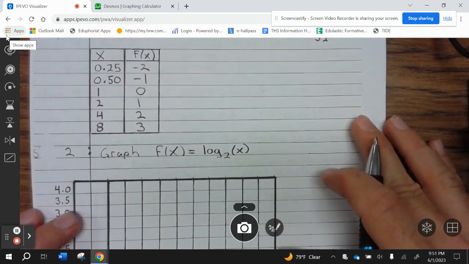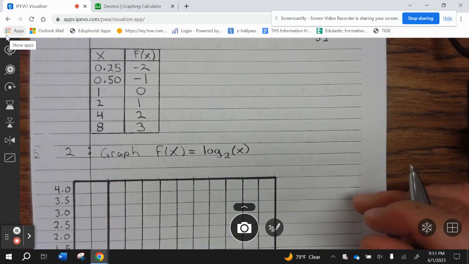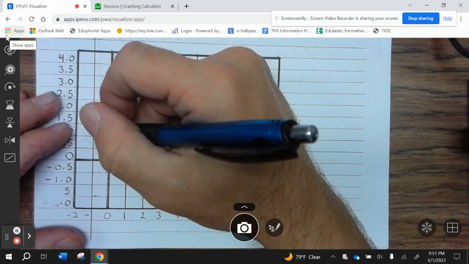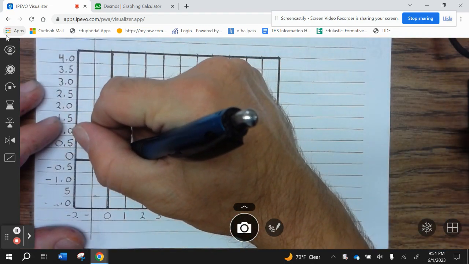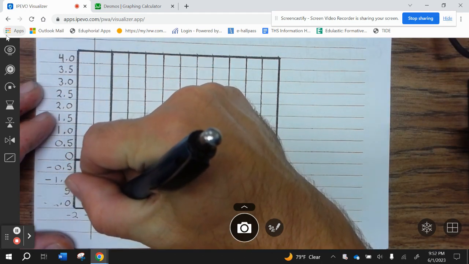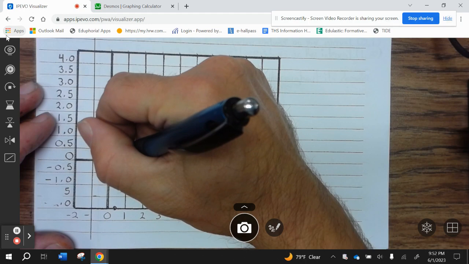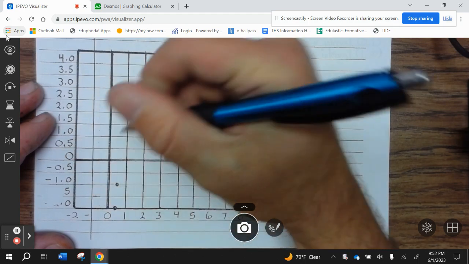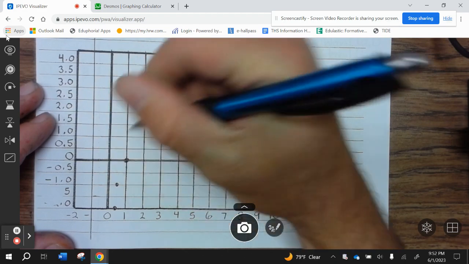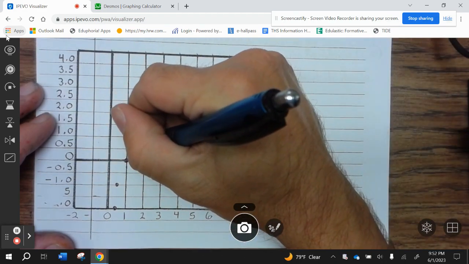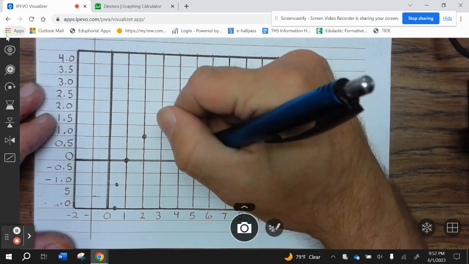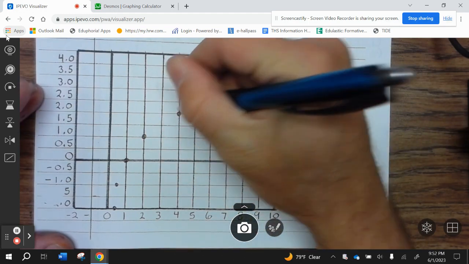So to graph, you have the table. Now let's go ahead and graph those points. So 0.25, -2 is about right here. 0.5, -1 is about right here. 1, 0. 2, 1 is right here. 4, 2 is right here.